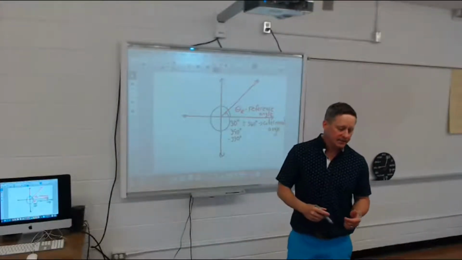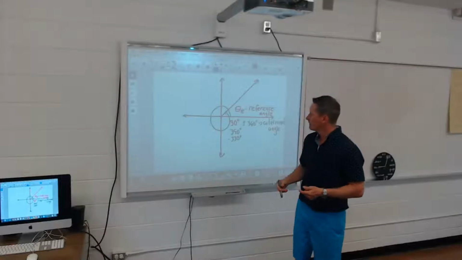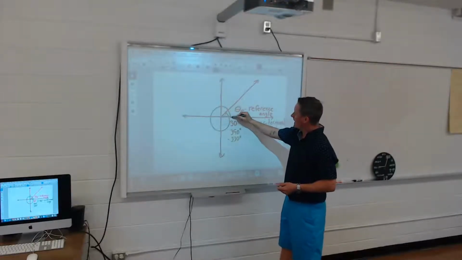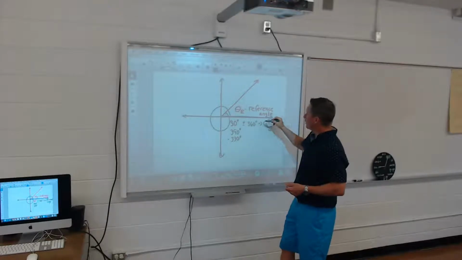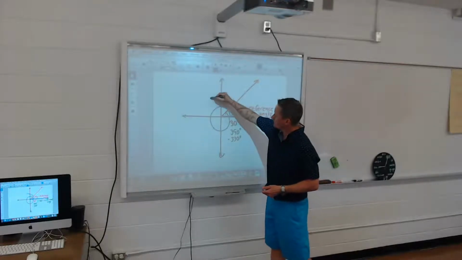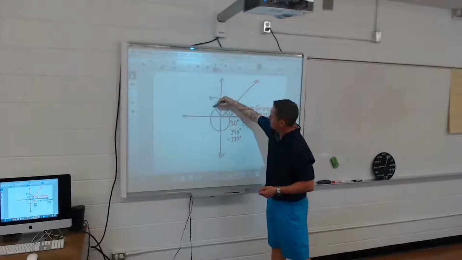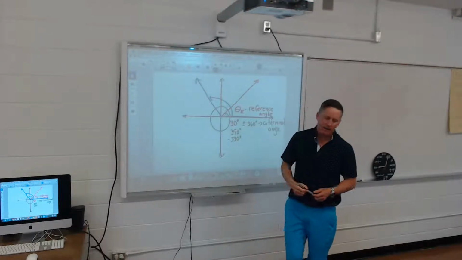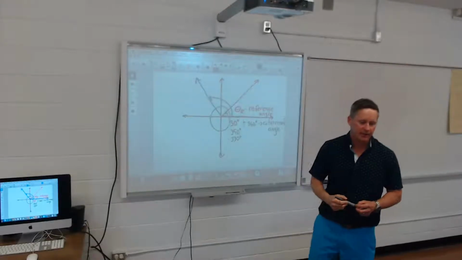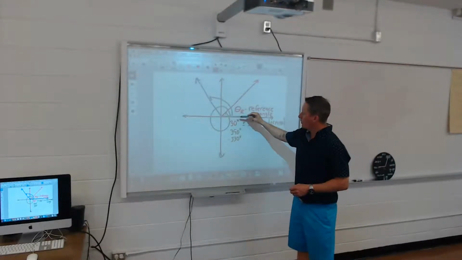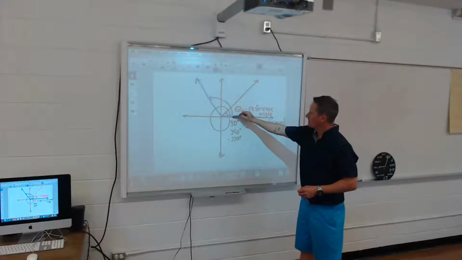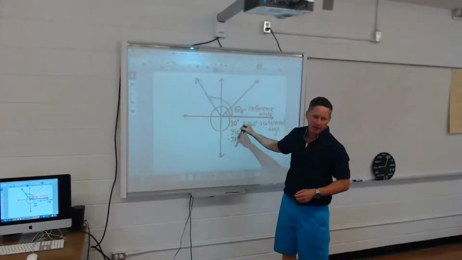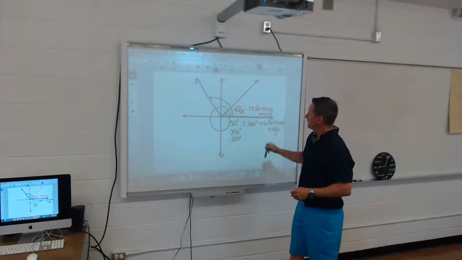An angle is considered in standard position if you start along the x-axis and you go counterclockwise. And it doesn't matter where it is, I'm just drawing it hypothetically, but an angle in standard position means that you start with this is called the terminal arm, and the terminal arm rotates around your axis here, okay?